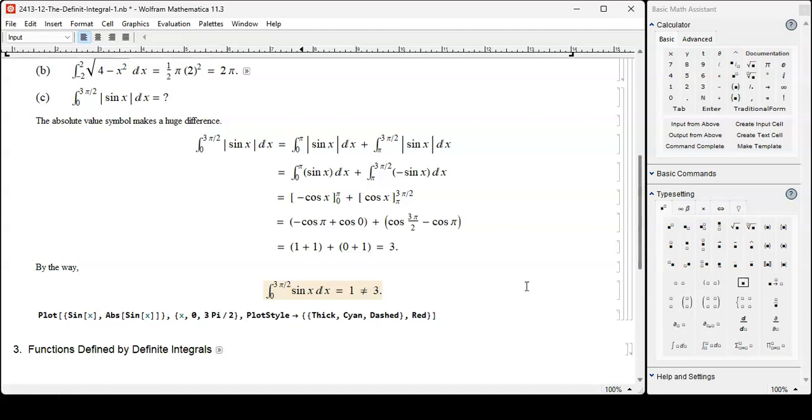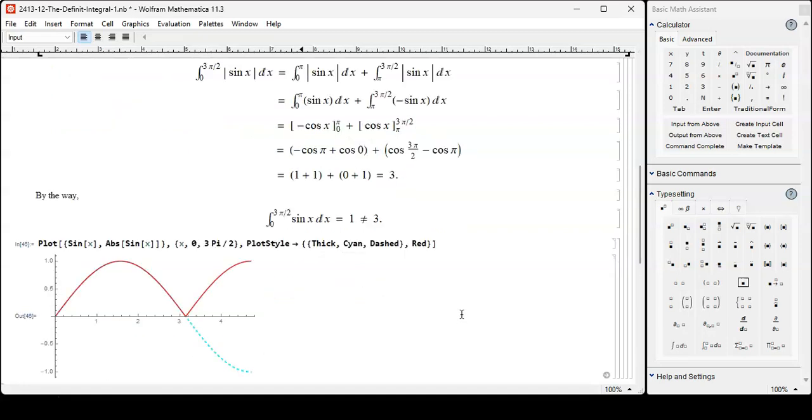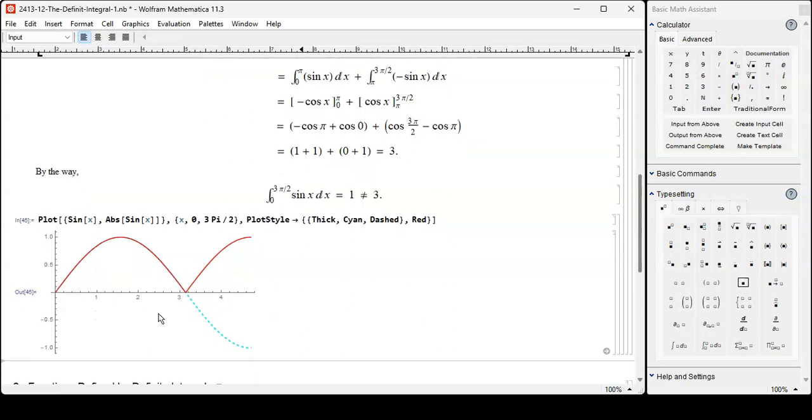By the way, in the answer key, I gave you the graphical presentation too. Red is the absolute value of sine of x, and this light blue is sine of x going down. With the sine of x function, this part here and that part cancel out, so we get something smaller. For the absolute value, there's no cancellation, you have to add them all.